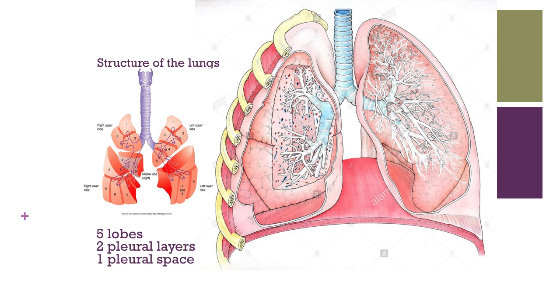The other thing that's important to recognize is that we have 2 pleural layers. If you look up here, you'll notice that there's a little bit of a space in between our pleural layers. This is the area that provides a little bit of lubricant and cushioning so that when your lungs are moving and breathing, they are not rubbing against the inner and the outer surface.